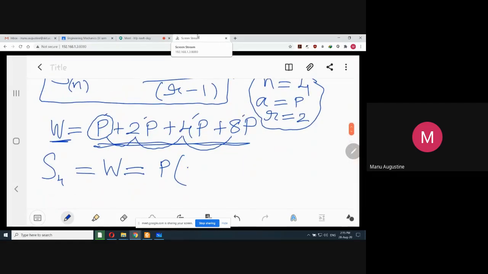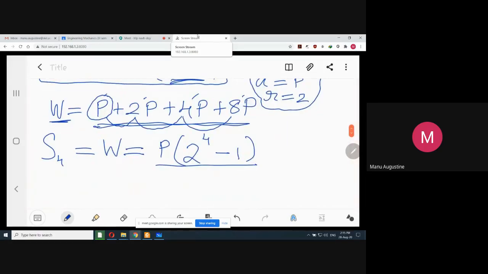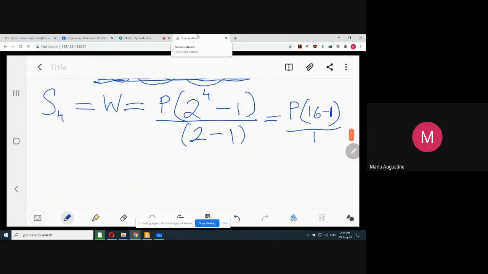Common ratio is 2 and n is 4, minus 1, divided by r minus 1. R is 2, minus 1. Now if I simplify it, this becomes P multiplied by 2 raised to power 4, which is 16, minus 1, divided by 2 minus 1, which is 1. So eventually what I have in my hands is W is equal to 15P.